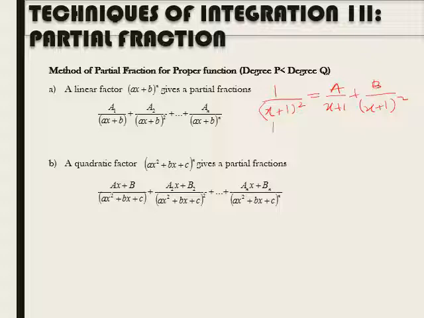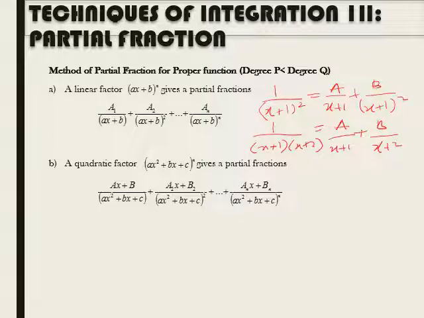If it's different linear factors, x + 1 and x + 2, it will be A over (x + 1) plus B over (x + 2). That's how we write it.